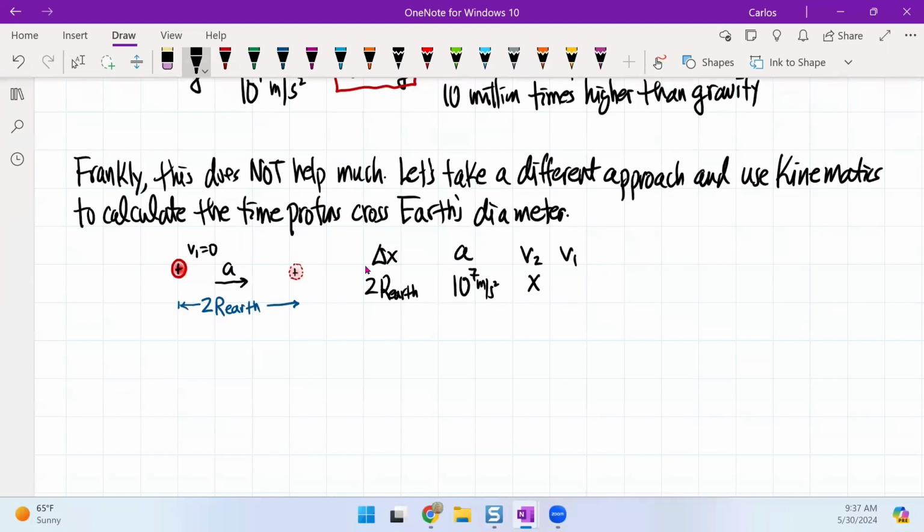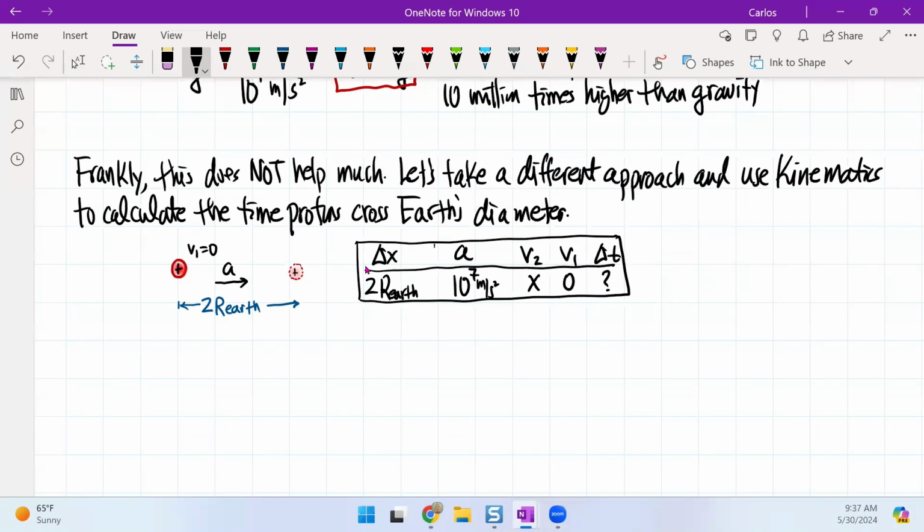I do know the initial speed. And the one thing we are trying to determine is the time. So this is the variable we do not know. This immediately tells us that our only equation that we can use is this guy right here. We have no choice but to do this.